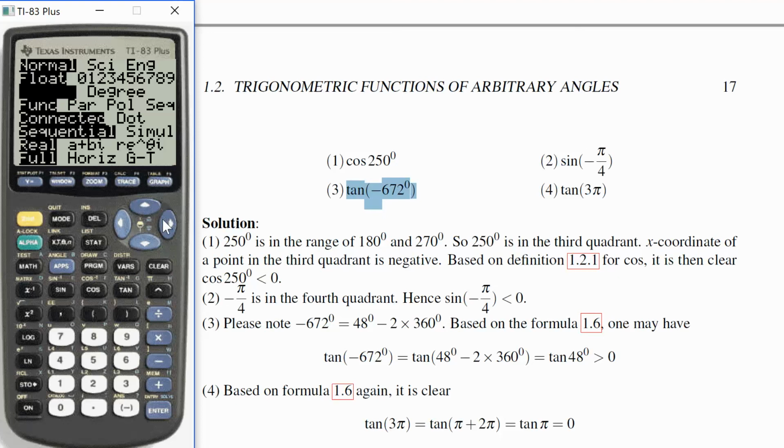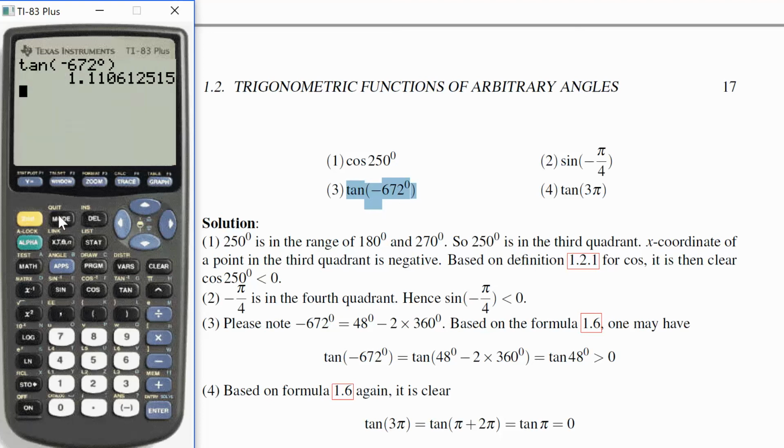If you want degree mode, you want to highlight this one. How to highlight this one? This is flashing. Hit enter, so it will be highlighted in degree mode. Then you go back to radian and click enter, so it will be in radian mode. Then you do second, quit.